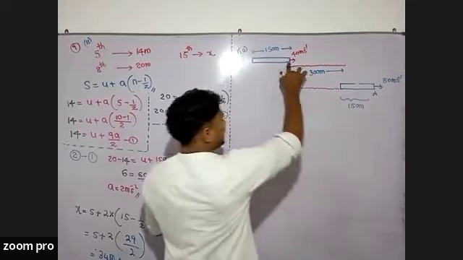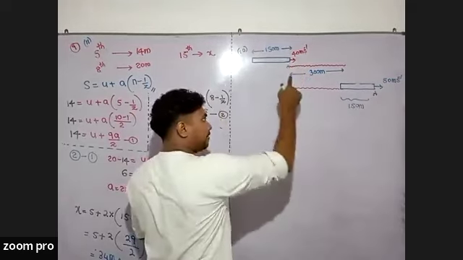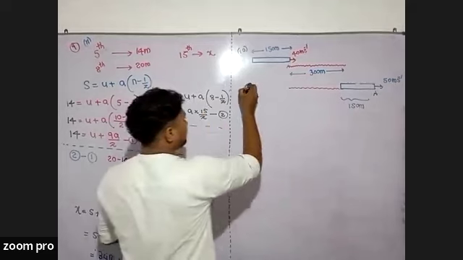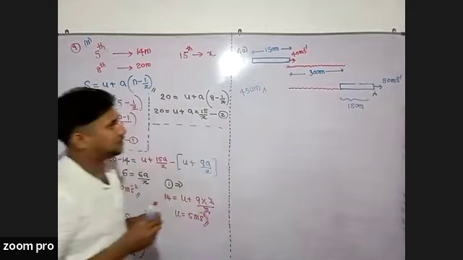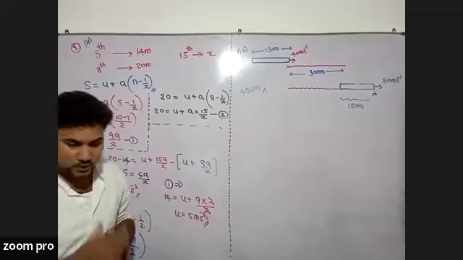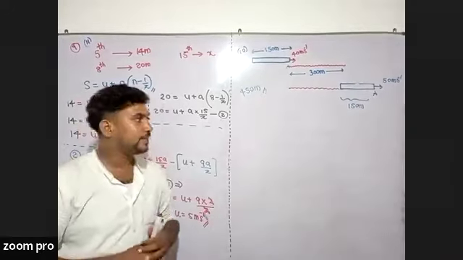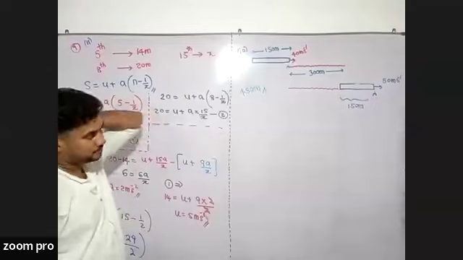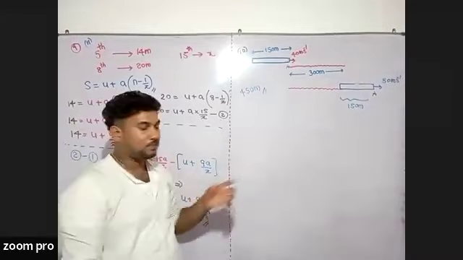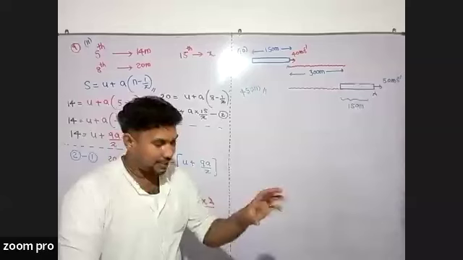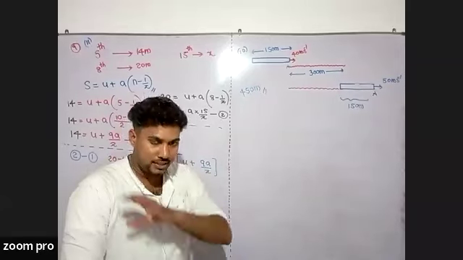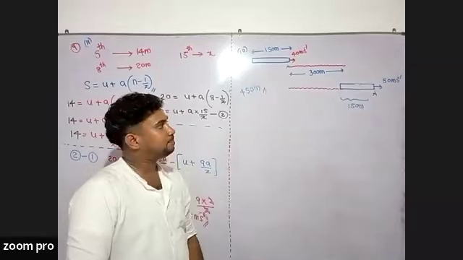So that means point A has traveled 450 meters during this motion, right? So this should be identified. Otherwise, you can't obtain the answer, right? These are the things that you need to highlight or recognize in these questions, right?